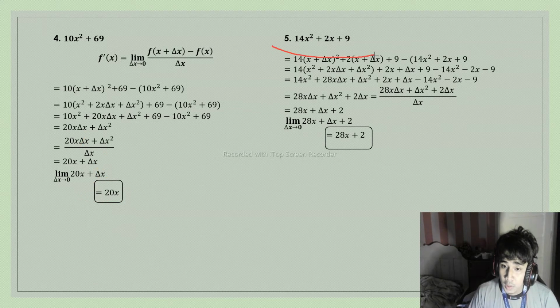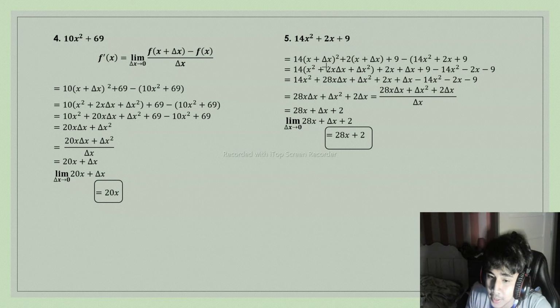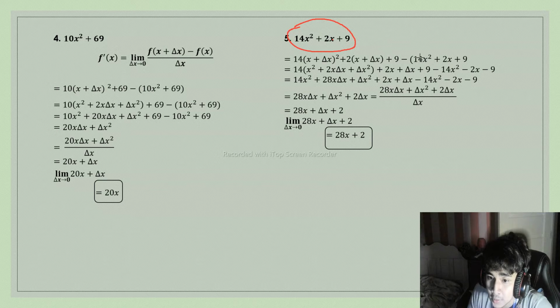So, fifth example, fifth and last for the 3-step rule of finding the derivative using 3 steps rule. So, substitute ulit natin. X plus delta x squared is equal to 2x plus delta x kasi may x na naman siya. Plus 9 and minus f of x, which is 14x squared plus 2x plus 9.